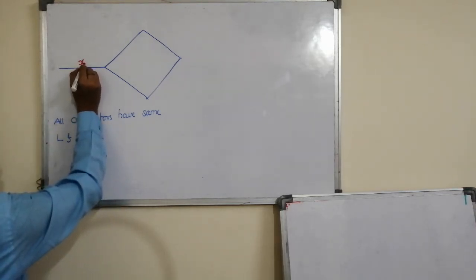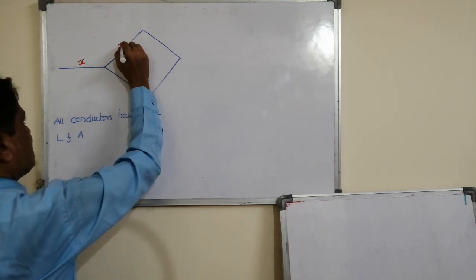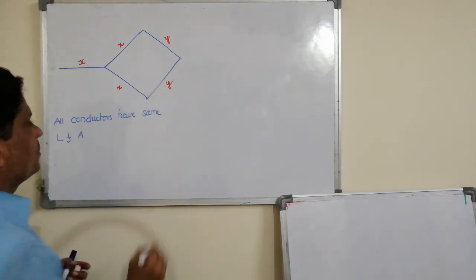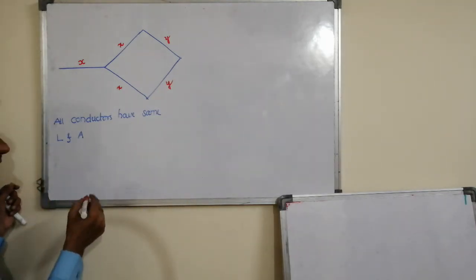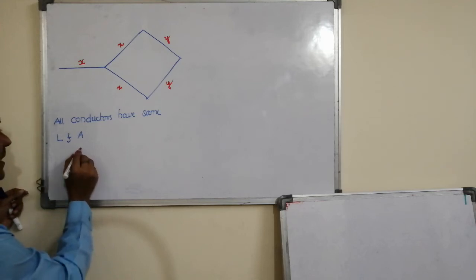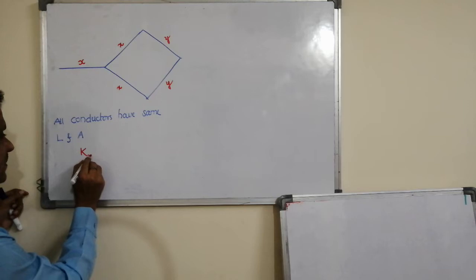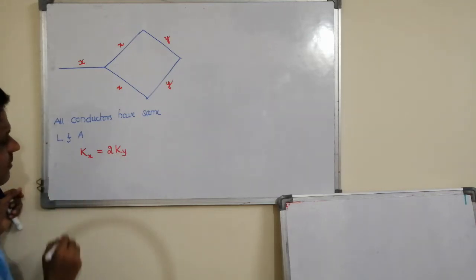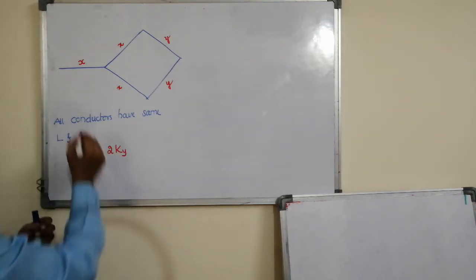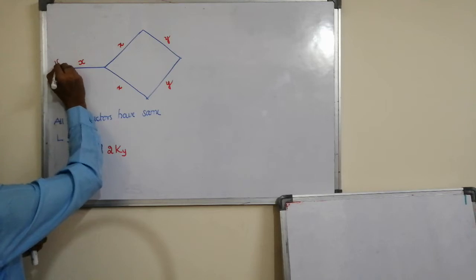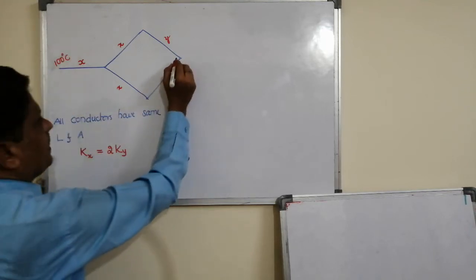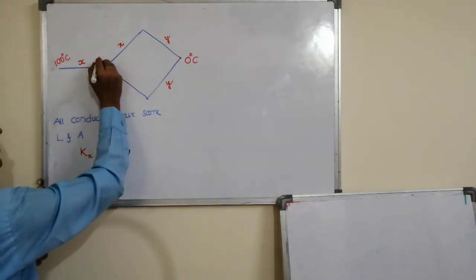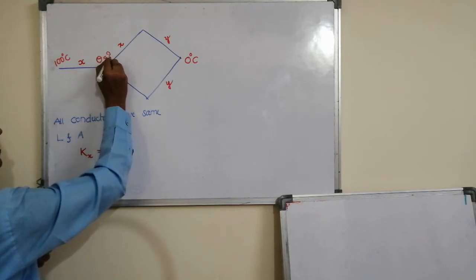This is a conductor X, this is X, it is X, but this is Y, it is also Y. It is given that the thermal conductivity of X is 2 times the thermal conductivity of Y, and if this end is at 100 degrees Celsius and this end is at 0 degrees Celsius, then what is the temperature of this junction is the question.